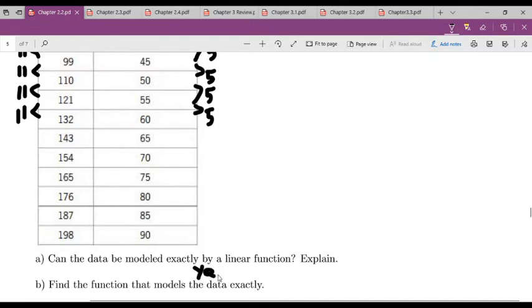Why? Because the first differences here are all the same.